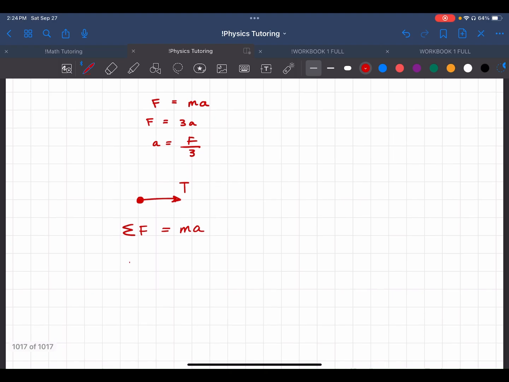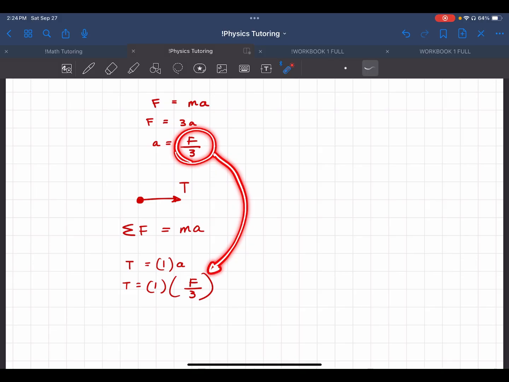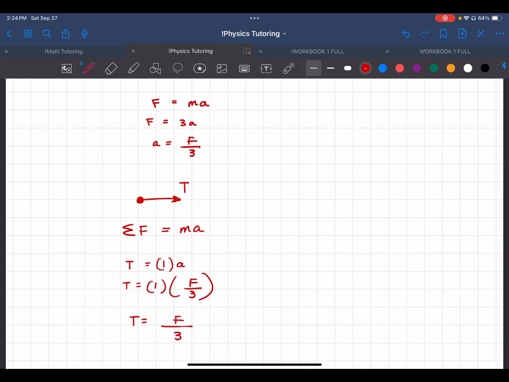The only force here is tension, and the mass is 1 times A. I know A is just the force divided by 3 from the previous one. Plug it in, so tension is just F over 3.